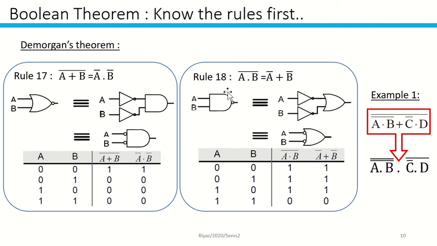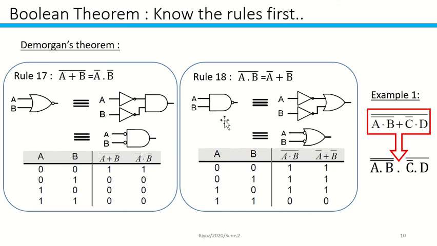Rule number 18 is similar to rule number 17, but this is using NAND. A dot B, the whole thing bar, when you break this one, it becomes A bar plus B bar.